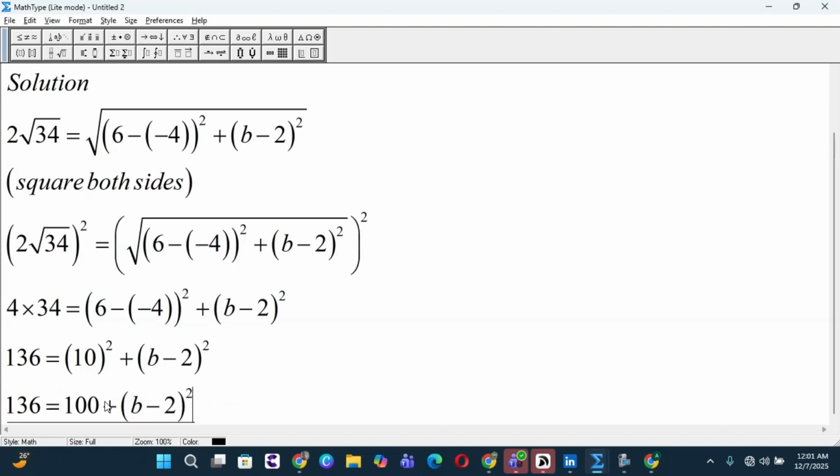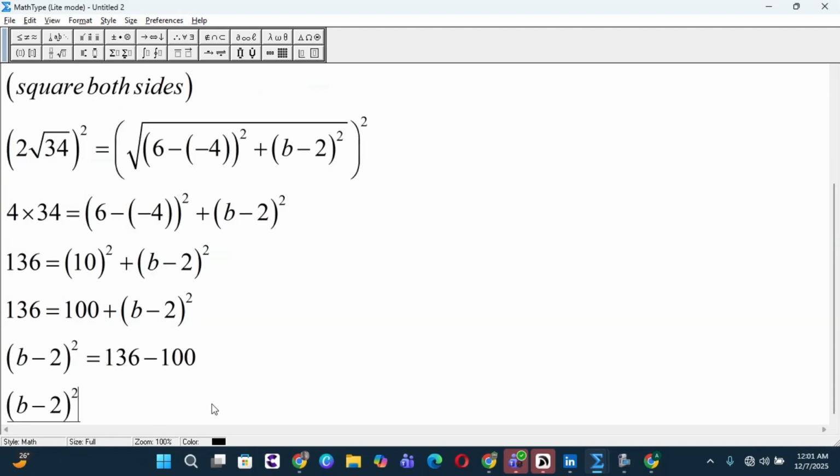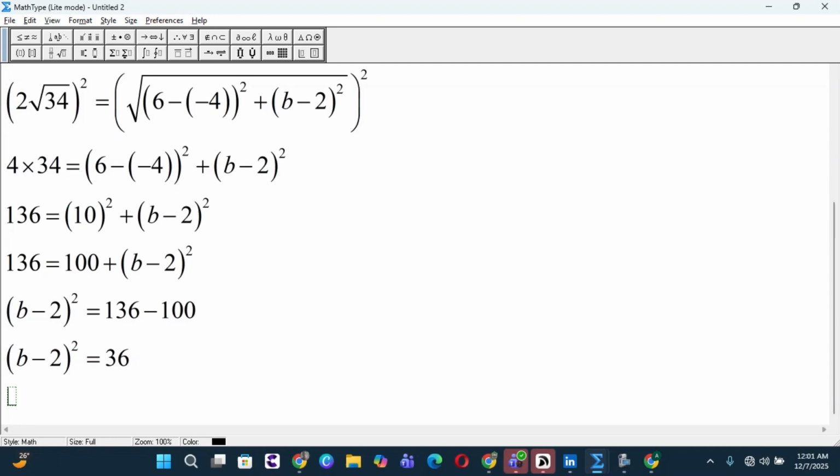If I take 100 to the other side, this equation will become this equals 136 minus 100. So this is going to give me this equals 36. If I want to find the value of b now, b minus 2 is going to give me the square root of 36.